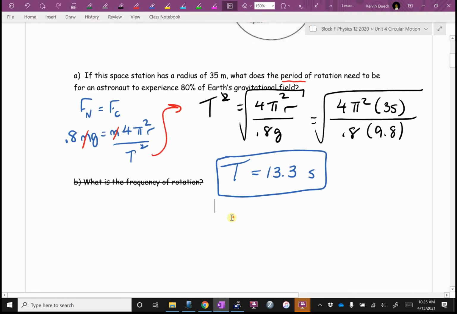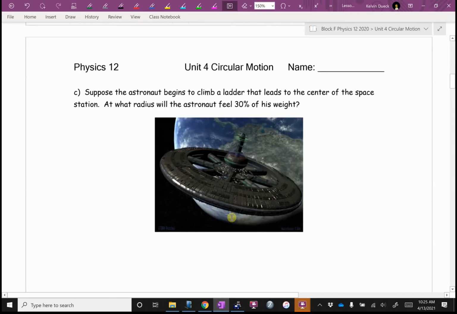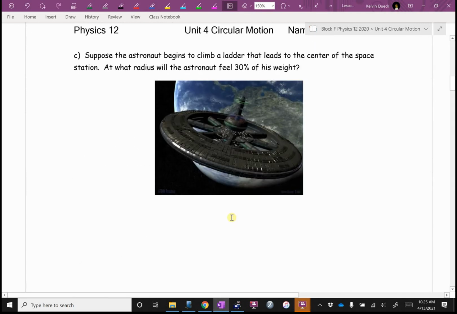Let's continue living on this space station. Suppose the astronaut begins to climb a ladder that leads to the center of the space station. At what radius will the astronaut feel 30% of his or her weight? Will they feel lighter as they climb towards the center? I think so.